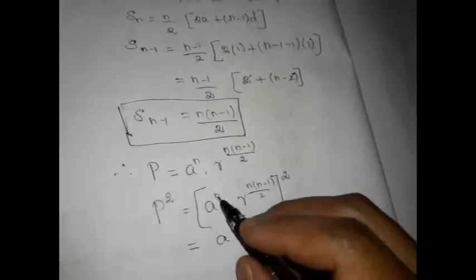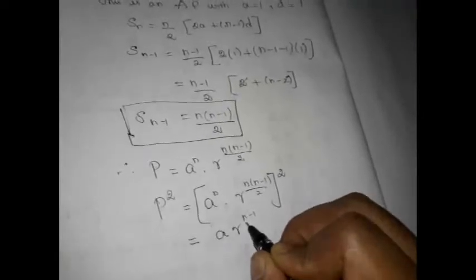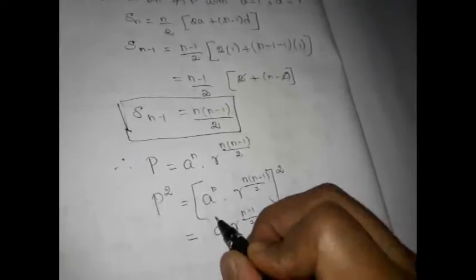So this is going to be a into r power (n minus 1) by 2, the whole power 2n, right?